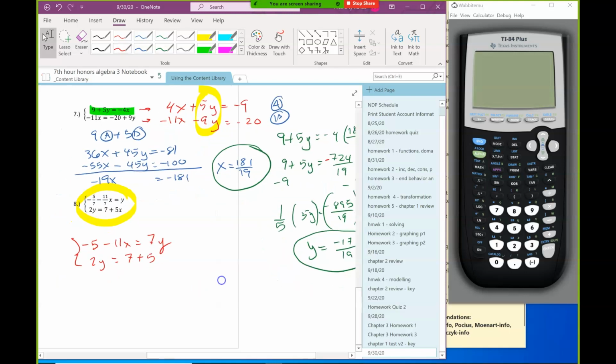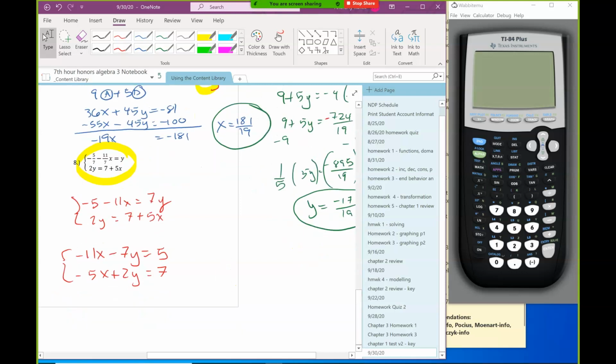So if we were to finish this up now, Maya, we'll move the variables onto one side and the constants on the other. So we'd have something like this.